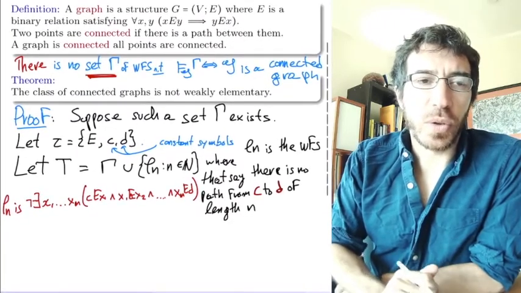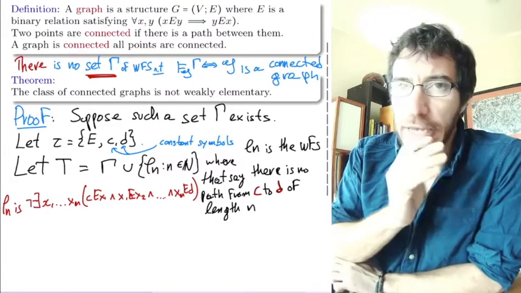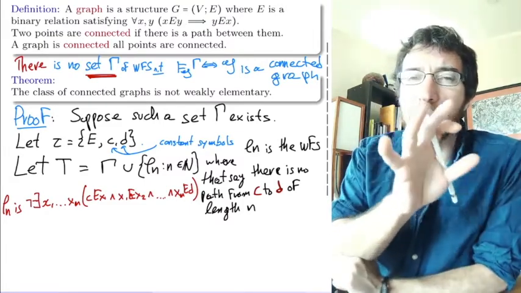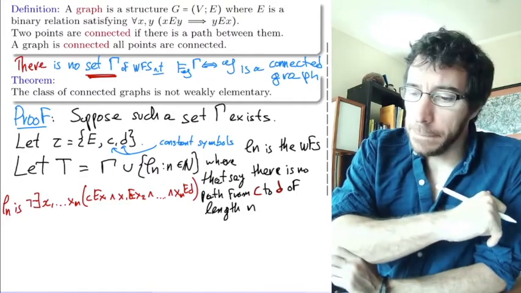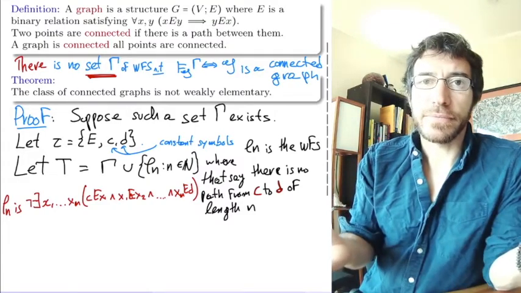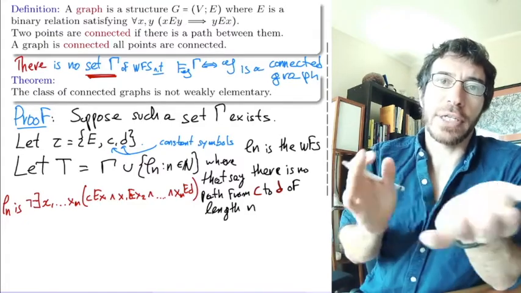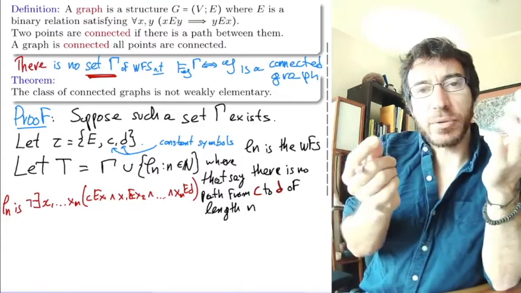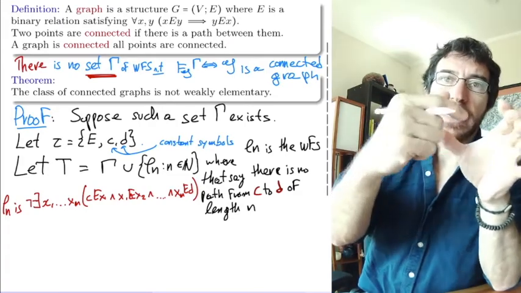So if gamma was actually axiomatizing the connected graphs, then any model of gamma will be a connected graph. And therefore any model of T will have to be a connected graph too. But then you have to be able to interpret C and D, and if it's connected, that means there is a path between them.